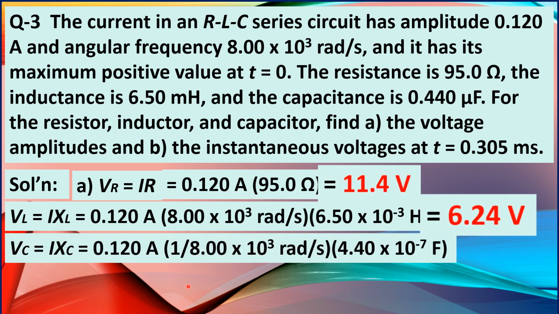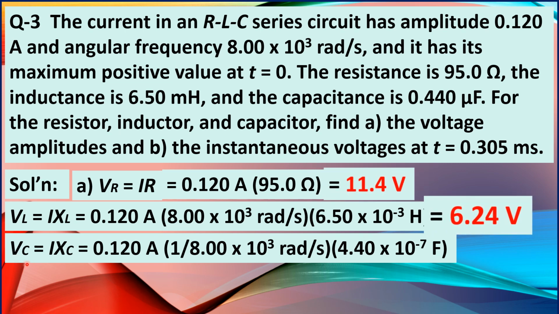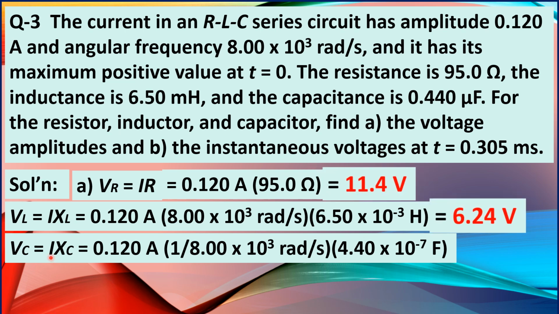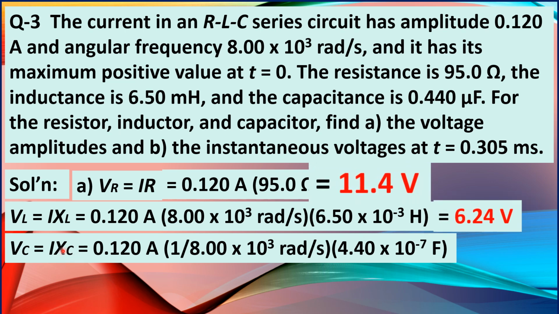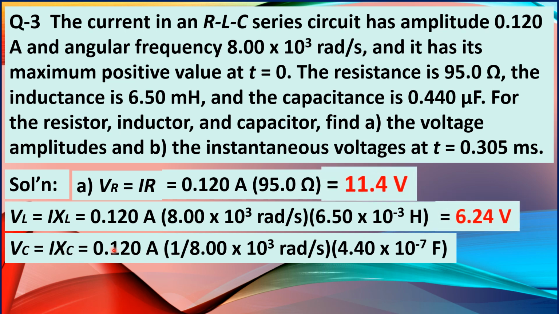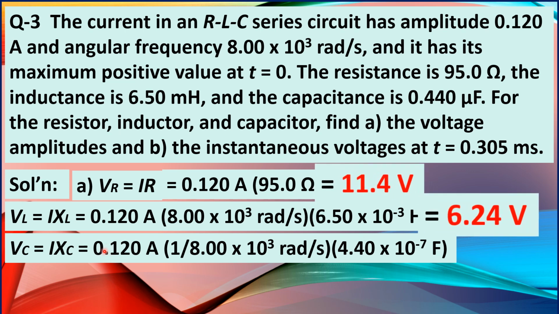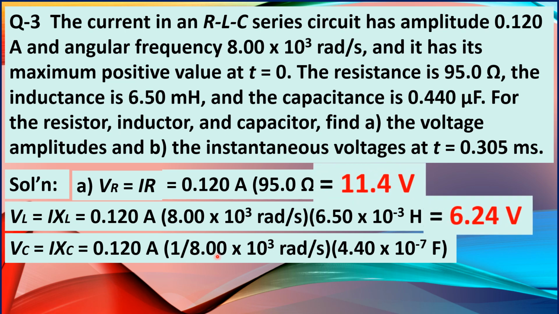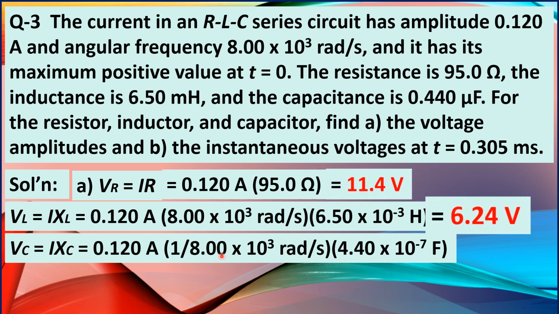And for the voltage across the capacitor, capital V sub C, also known as the voltage amplitude across the capacitor, also equal to the product of the current amplitude, capital I, and the capacitive reactance, capital X sub C. Substituting the given current amplitude, 0.120 amperes, and the capacitive reactance is simply equal to the reciprocal of the product of omega and the given capacitance.